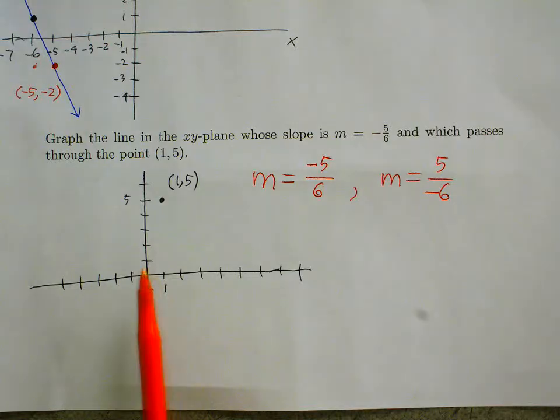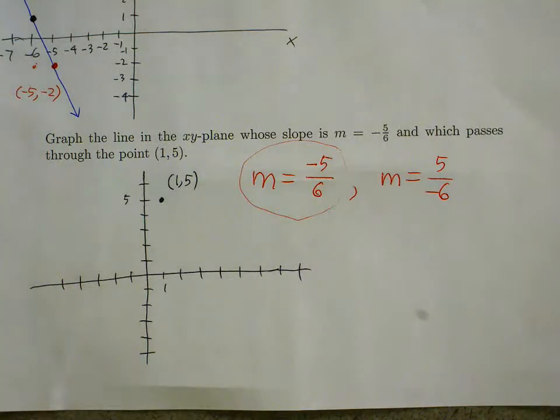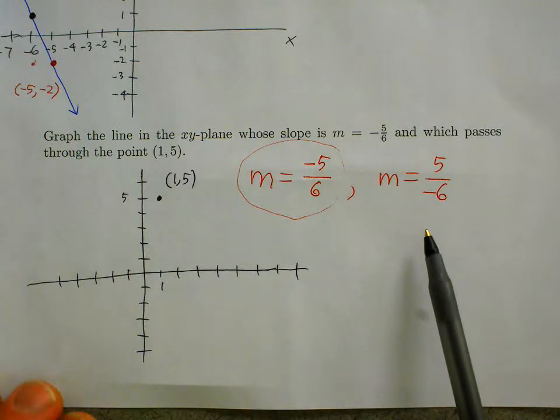So the way that I've graphed this, it looks like using the first one, -5/6, is more convenient. I'll point out why that's more convenient in a second.